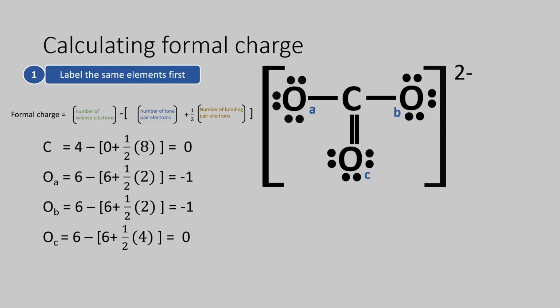So, kalau formal charge dia adalah kosong, it means all of the valence electron is used. Okay. Tapi, kalau dia negatif, maksudnya dia guna more than its valence electron. Faham tak? Sekejap lagi saya tulis lagi.